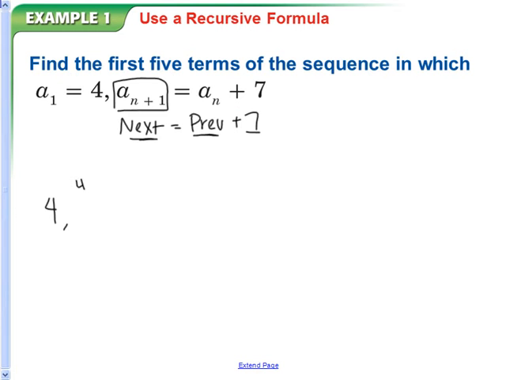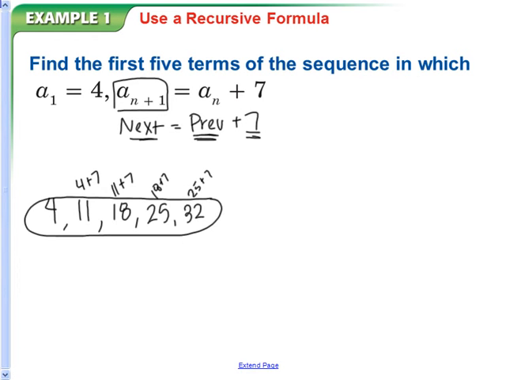So my previous was 4 plus 7, that's 11. Again, I take my previous plus 7. This time my previous was 11 plus 7, 18. Now I take 18 plus 7, 25. I've got to do the first 5 terms. 25 plus 7, 32. That's our answer there.